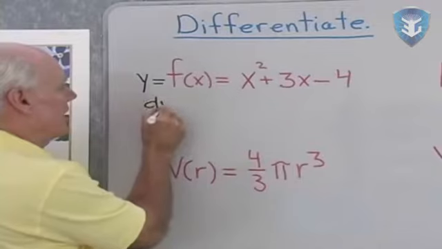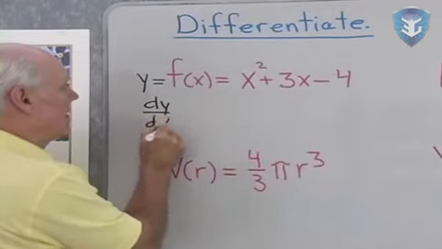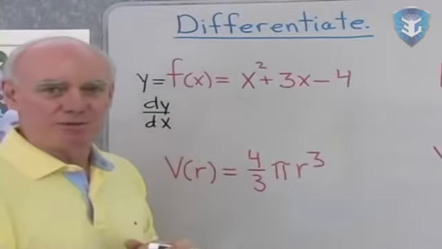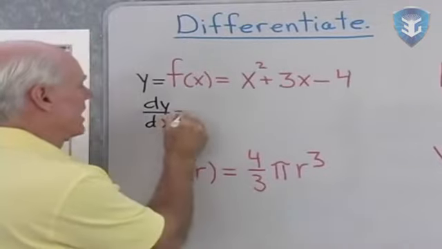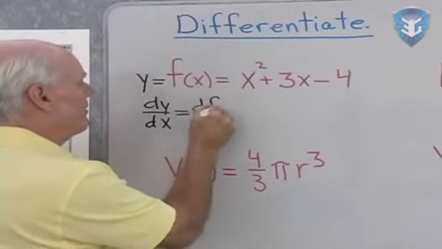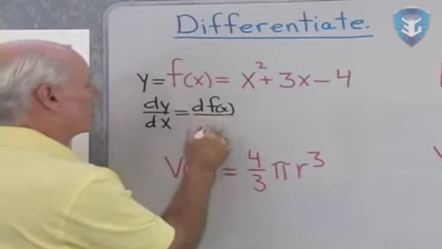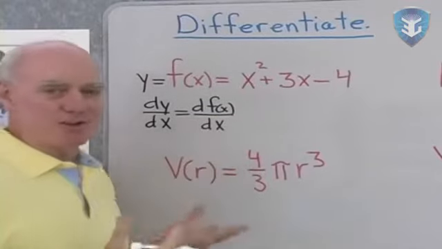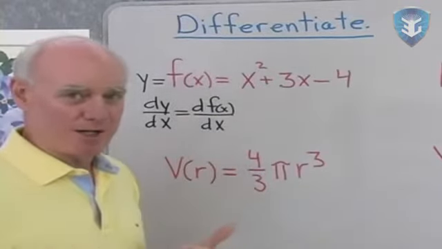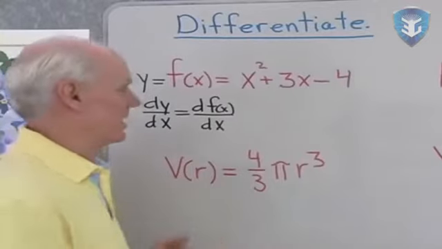I could say dy dx. That's the derivative of y with respect to x. I could say the derivative of f of x with respect to x. That's also the derivative of y with respect to x, or of f of x with respect to x.